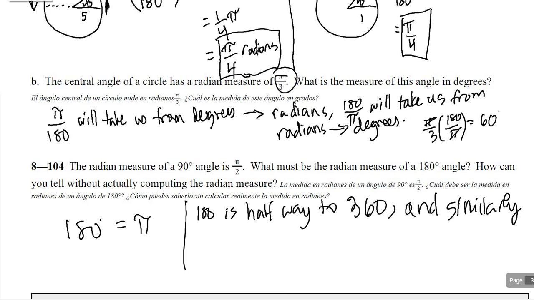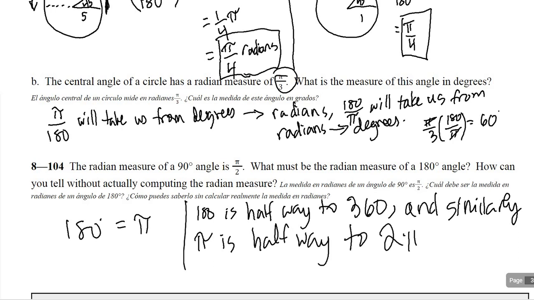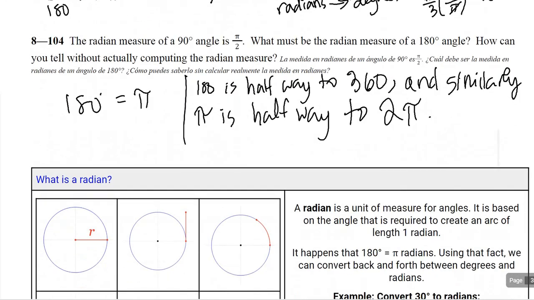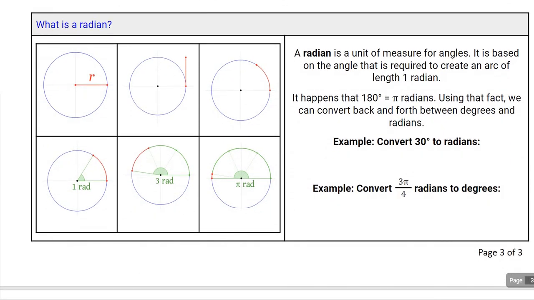So for example, if we want to convert 30 degrees to radians, we would do pi divided by 180 times 30 degrees, which equals 30 over 180, which is 1/6 times pi.